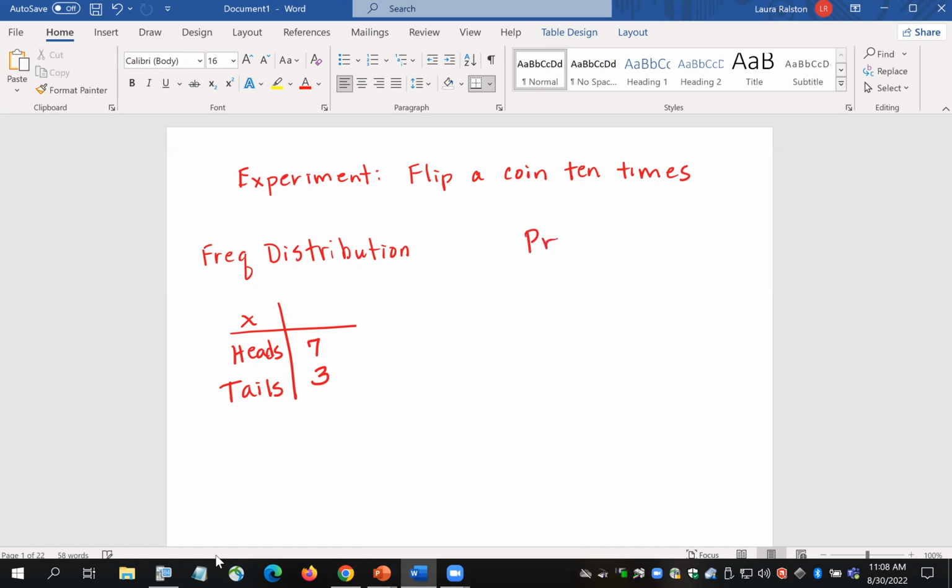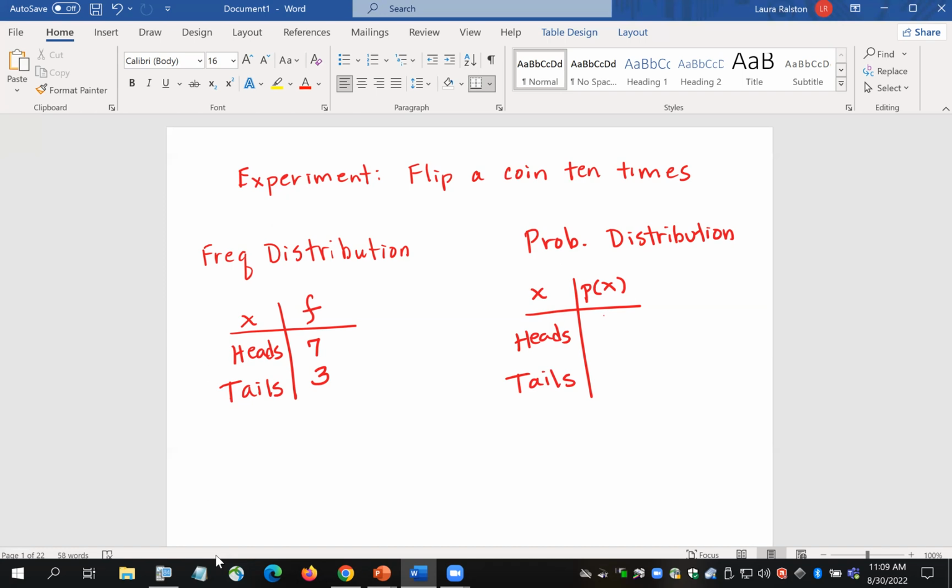On the other hand, a probability distribution shows us the probability, or what's the chance that we would get a head.